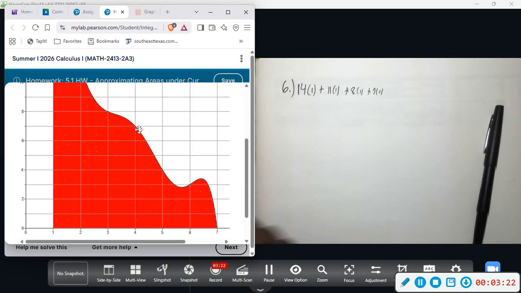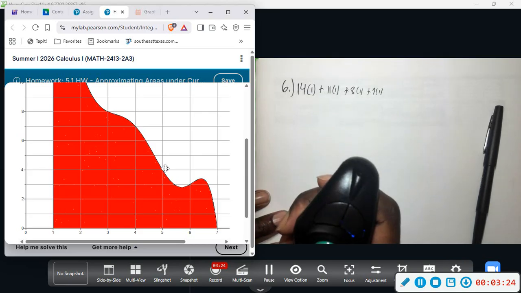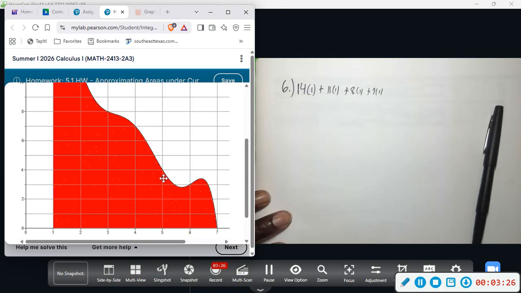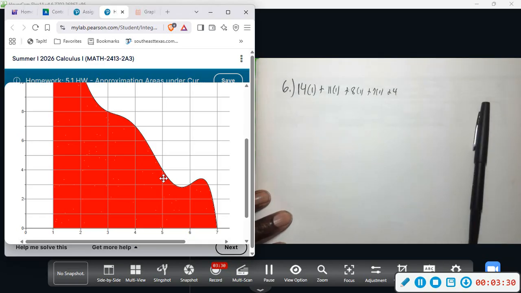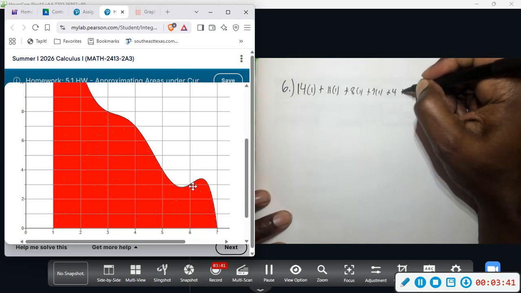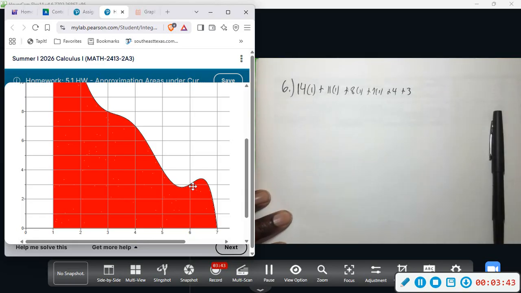And then we will have a height of 4. And then after 4, we have this left endpoint that gives us a height of 3. And then that should be it.